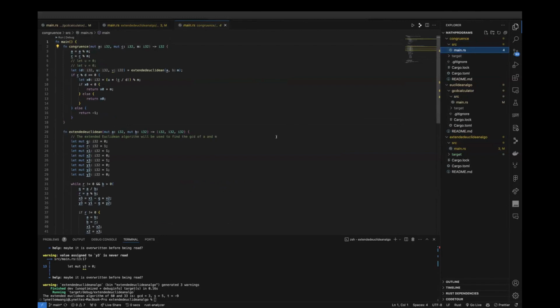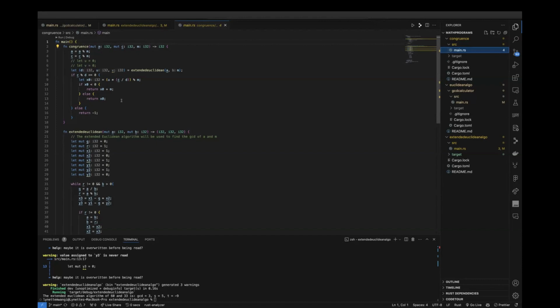For congruence, we're supposed to first of all find, if we have A, C, and M, where M is the mod, so A is equal to C mod M, we're first of all supposed to find the GCD of A and M, and then check if it can divide C. And if it can divide C, then that means that we can find solutions.